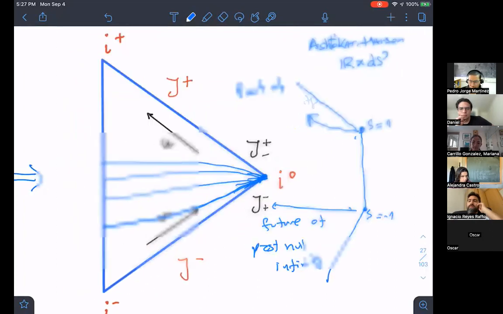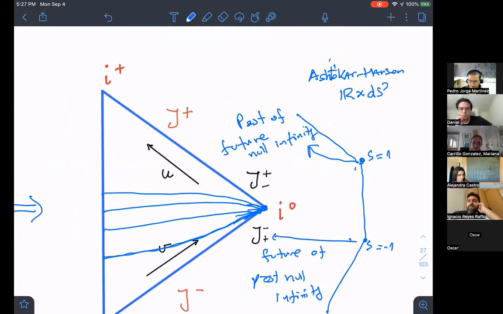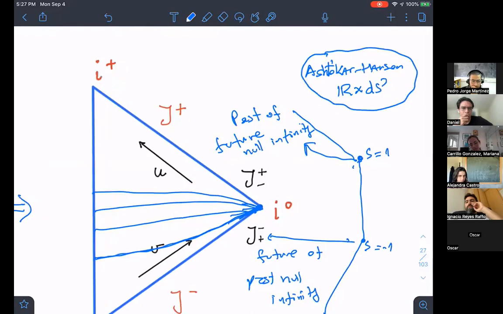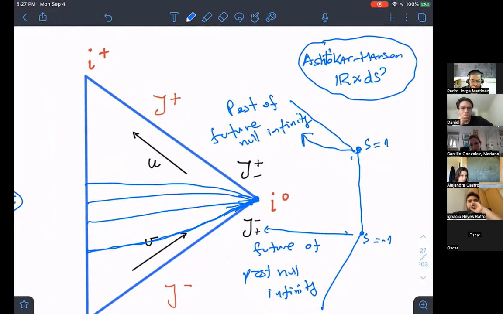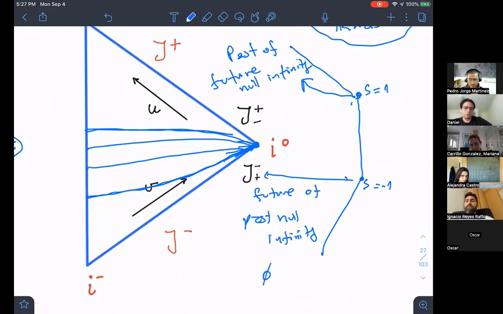And it is very useful to use the Ashtekar-Hansen hyperbolic foliation to describe spatial infinity when you want to solve the equations. For instance, for the scalar field on a Minkowski background, given some initial data, you can solve the equation for the gauge potential from Maxwell equations, or even for the Pauli field, for the linearized case of spin 2.